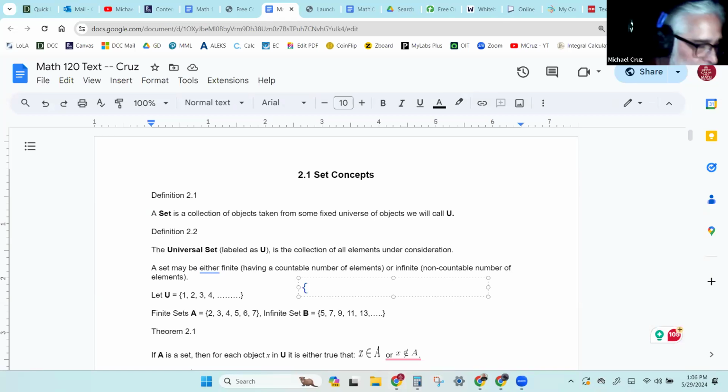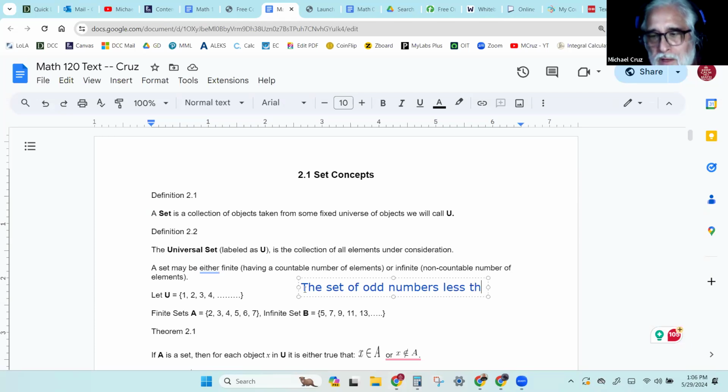So let's say we want to write out the set of odd numbers less than 100. All right, that's an awful lot of them. So this is the way we do it, because that's not an infinite set. It ends at 100.